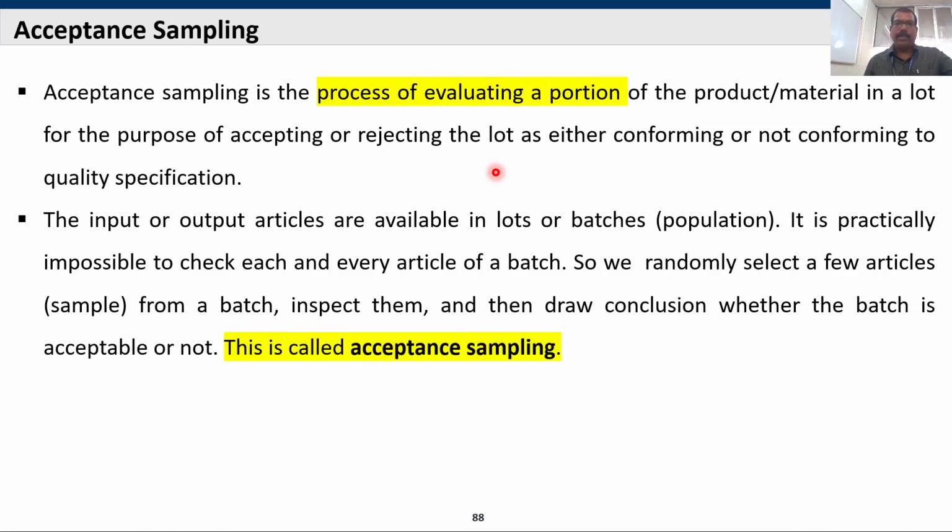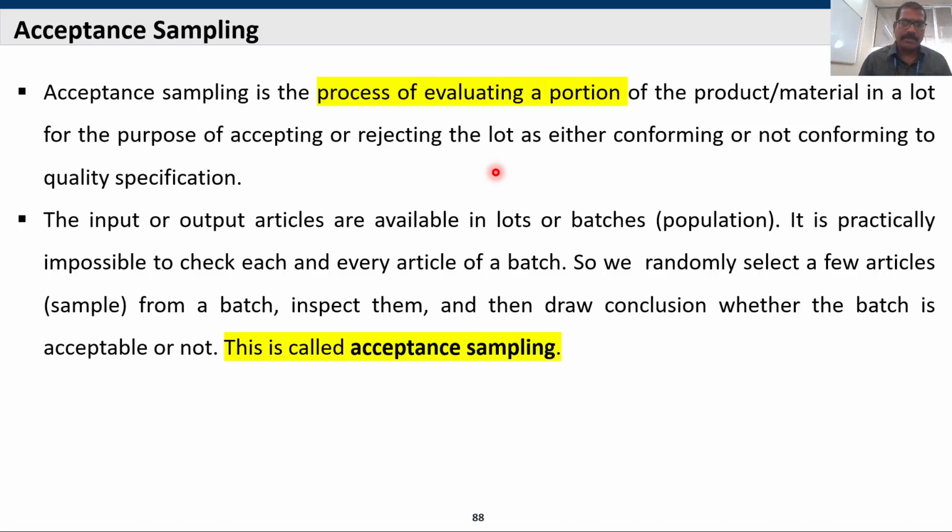Yeah, we can do it, but it involves more cost and time. You have to allocate labor, inspectors, and instruments also. So additional time means cost involved, and it will add to your unit cost.